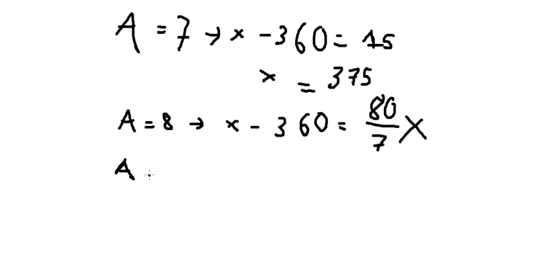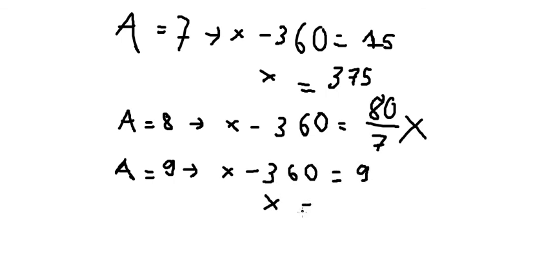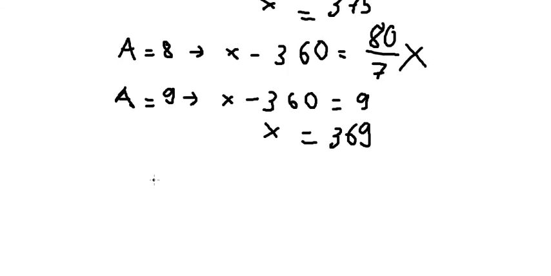If a equals 9, you get 9. And x equals 369. If a equals 10, we divide by 99.